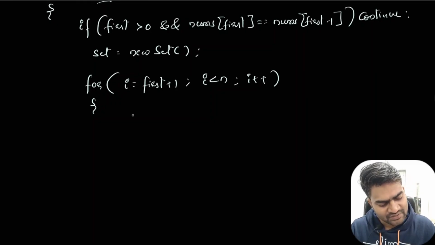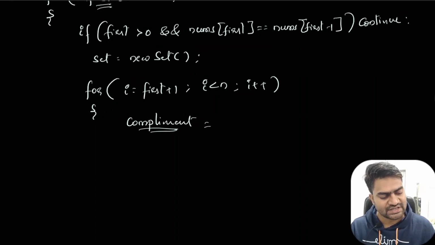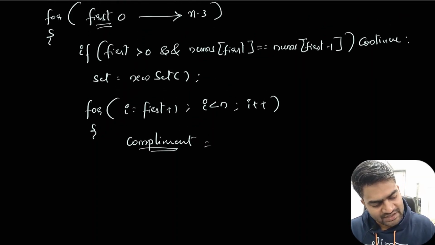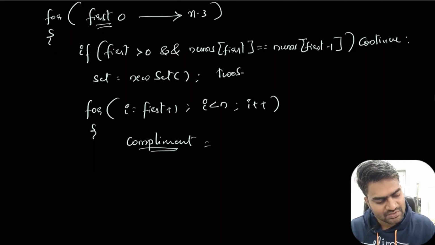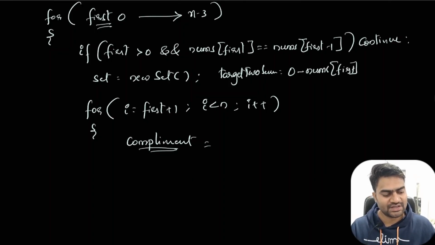Before finding the complement, we first need the two-sum target. So target two-sum equal to 0 minus nums of first. This will give us the target for two-sum.